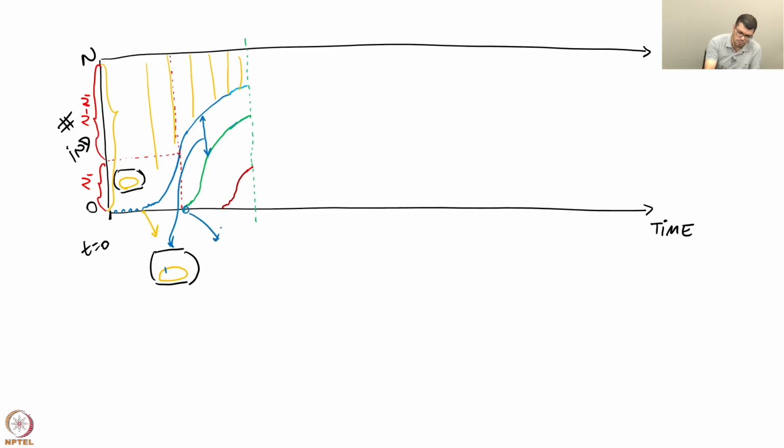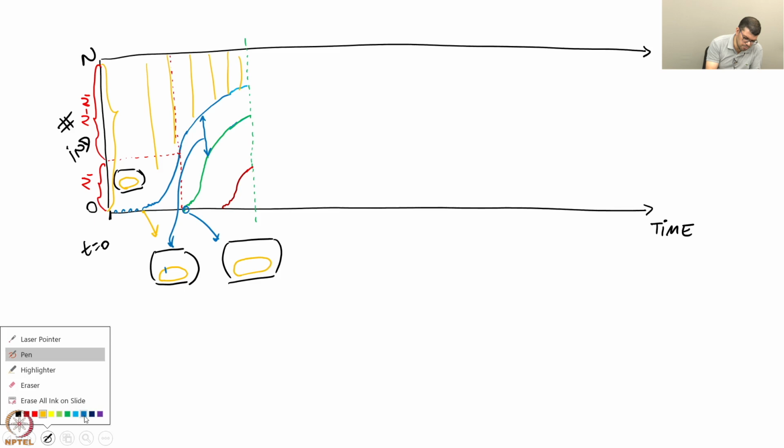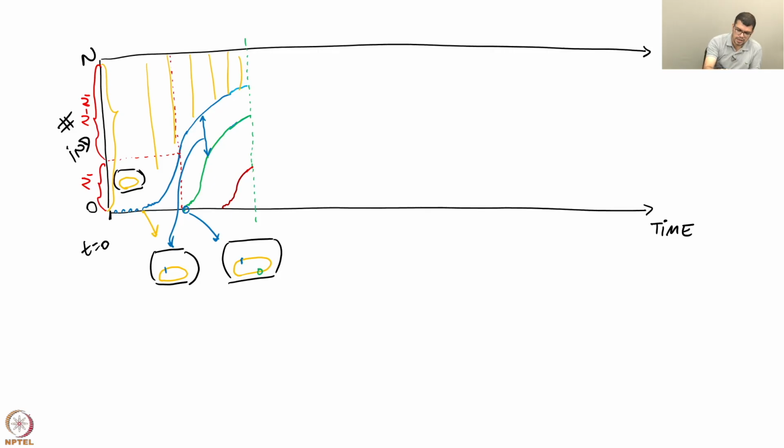At this point, one of the individuals that was already carrying a blue mutation picks up another mutation, which we will represent by green here. So, the blue mutation was already there, and now we have this green mutation also. Again, as we move forward in time, I can draw this line, and this is the number of individuals which are carrying both these mutations.